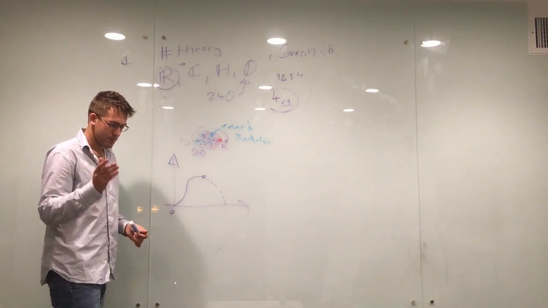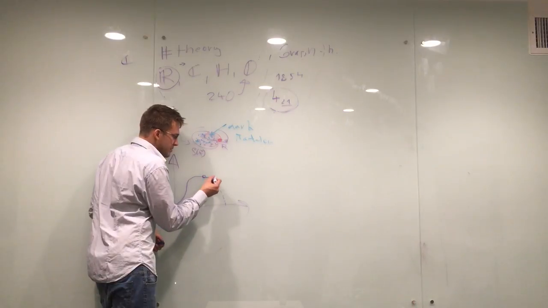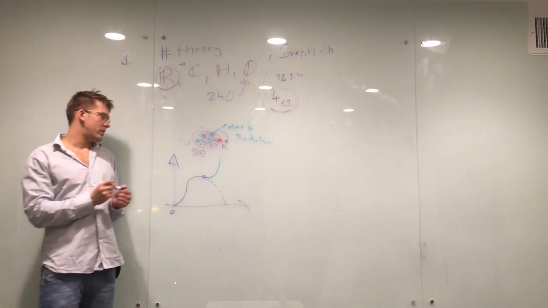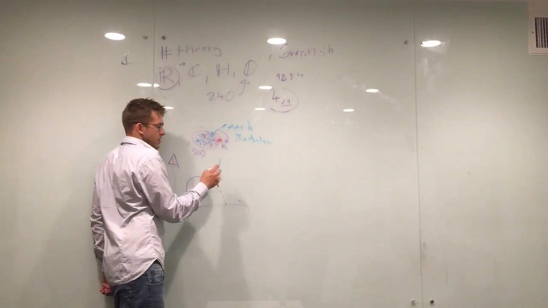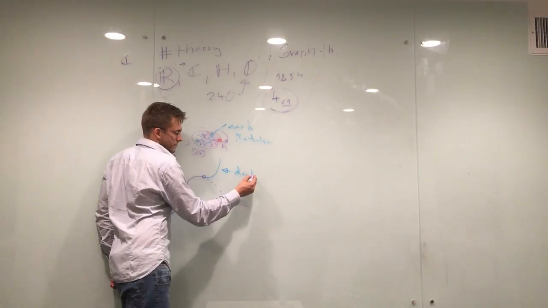But in fact, at this point the universe started expanding exponentially again, and the explanation for this is dark energy.